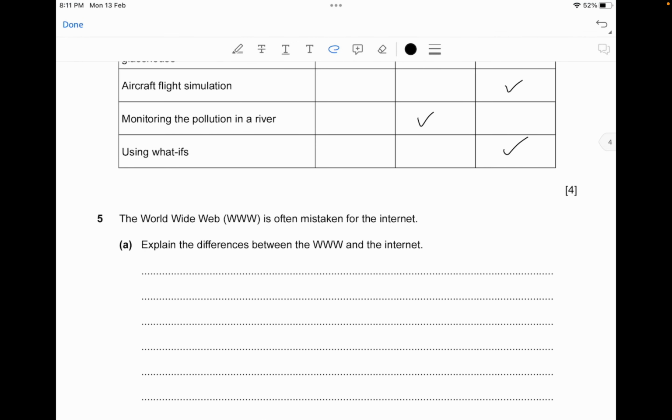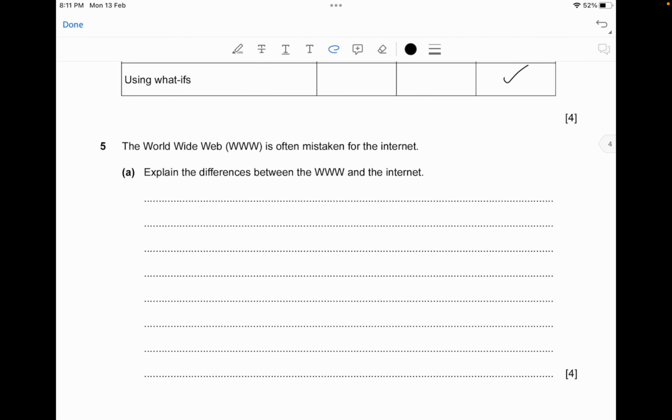All right. The World Wide Web, WWW, is often mistaken for the internet. Explain the differences between the WWW and the internet. So you can say that the WWW is a collection of information pages.